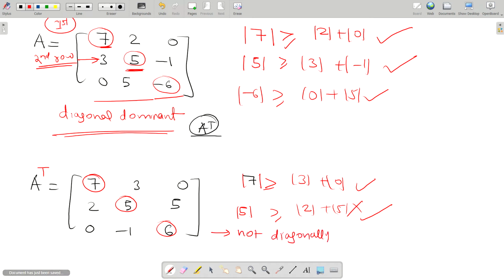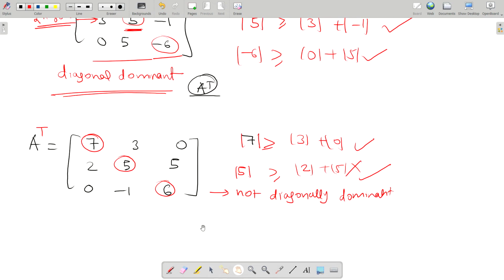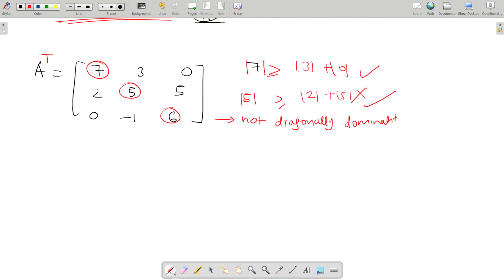So why is this important? This is important when you talk about the Gauss-Seidel method, Gaussian elimination and the Jacobi method. For example, in the Gauss elimination method, we solve a linear system of equations by turning our matrix into an upper triangular or lower triangular matrix, and there is a thing called partial pivoting.